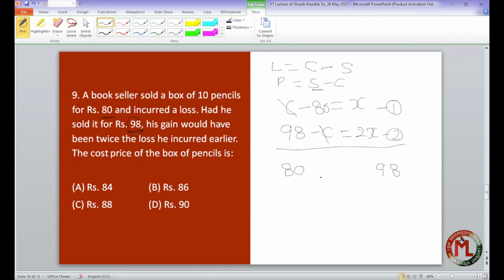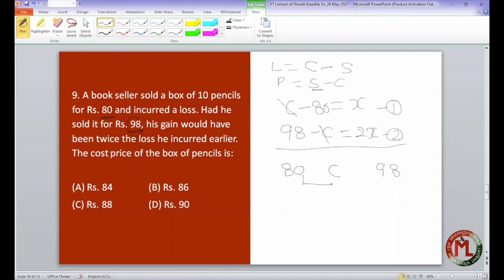It means cost price has to be more than 80, but it should be less than 98. So cost price is between these two numbers.